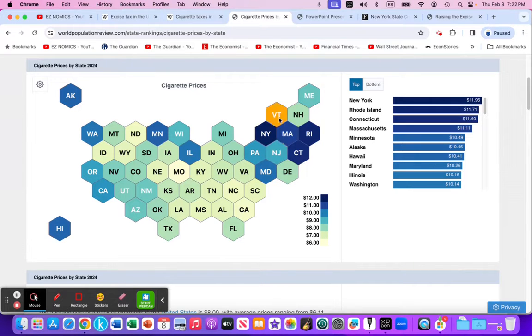It also provides an opportunity for organized crime to buy cigarettes across state lines, bring them back into the state of New York, and perhaps sell them in parallel or black markets.